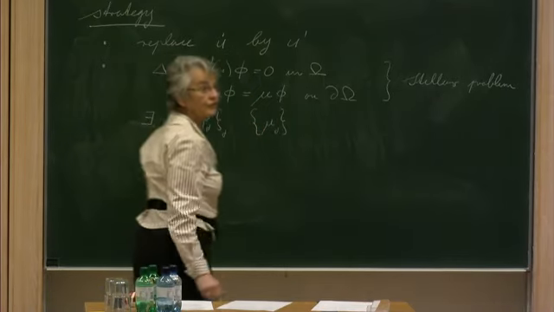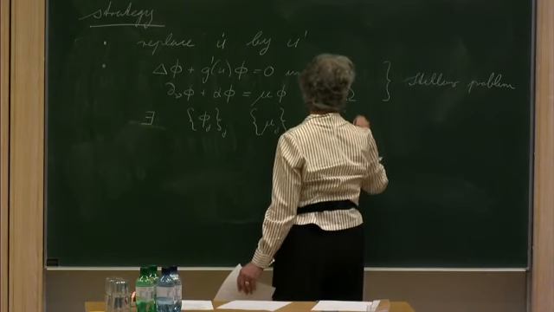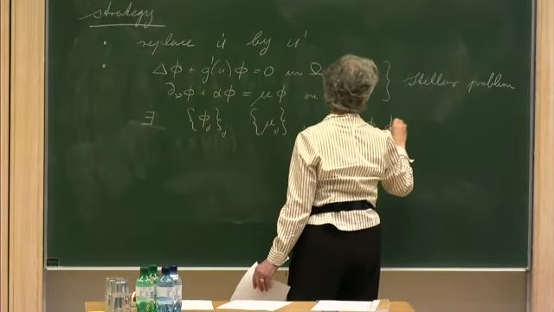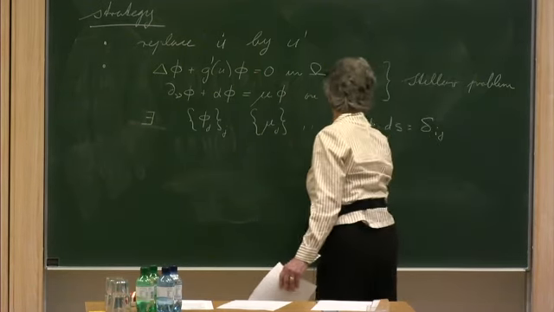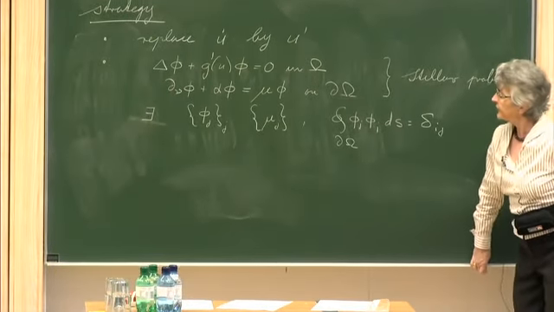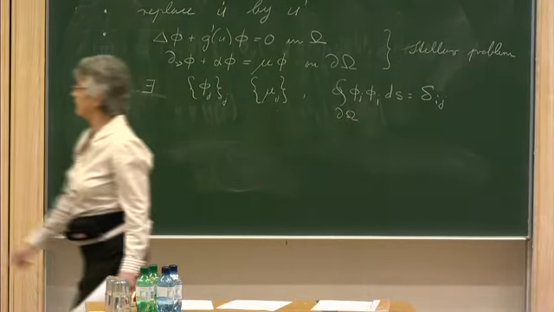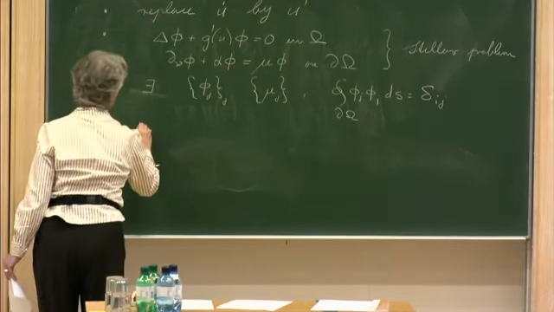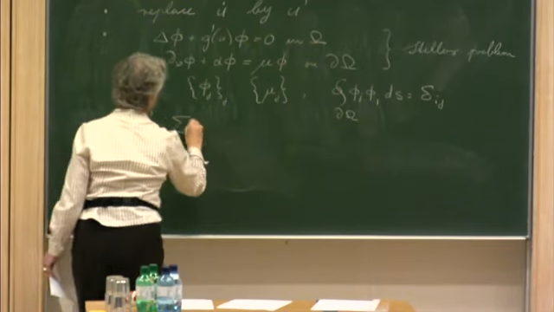The eigenfunctions can be chosen to be orthogonal in this way, and they are complete. With these eigenfunctions we can represent u prime as a sum of c i phi i.